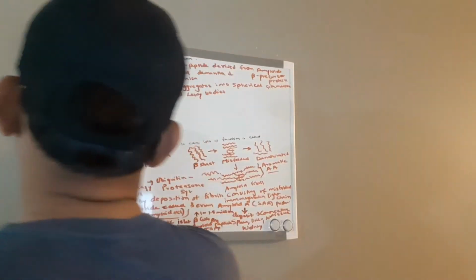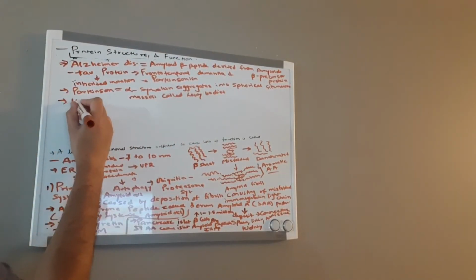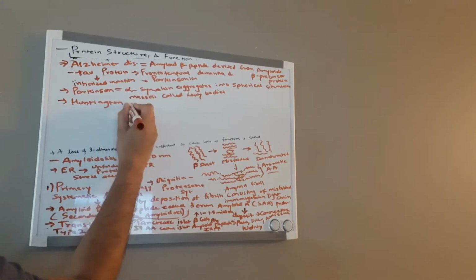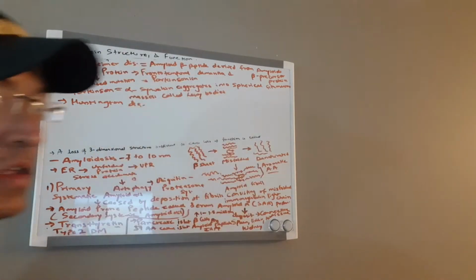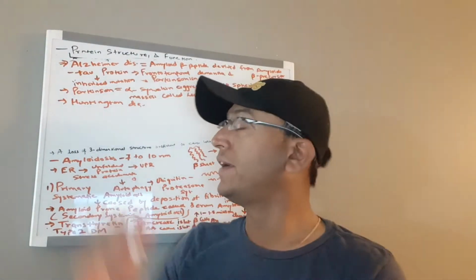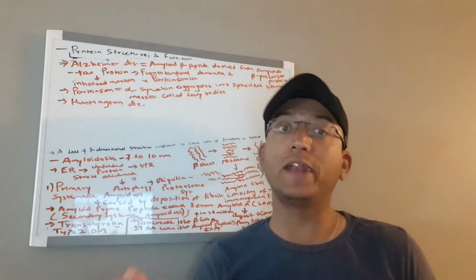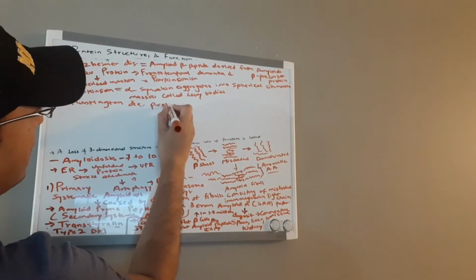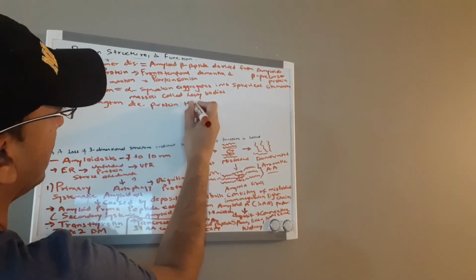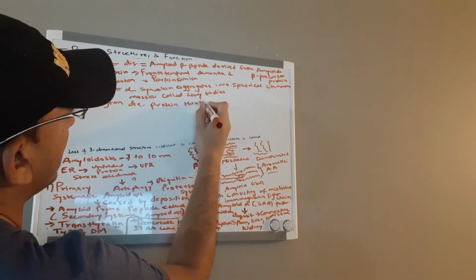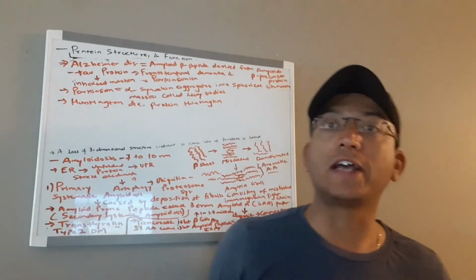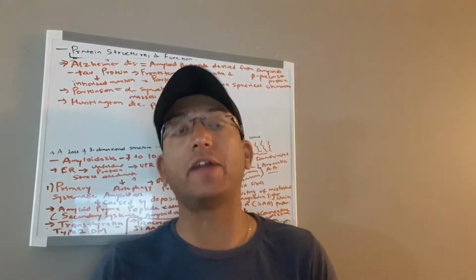There is another kind, that is Huntington disease. This will involve the protein Huntingtin, which has a long polyglutamine repeat.